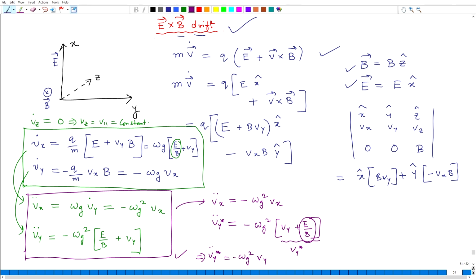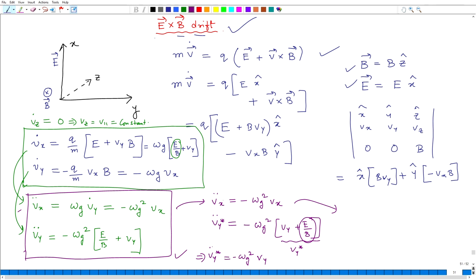Now, try to understand one thing: what is the situation over here? If you try to integrate this, they will get integrated.